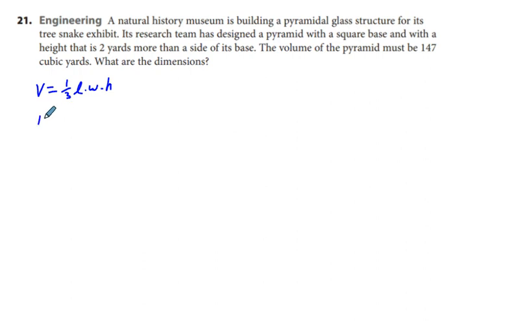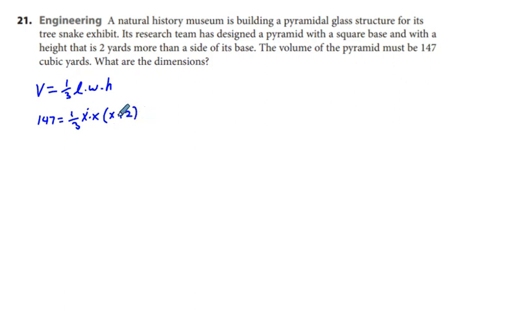So 147 is equal to 1/3, and a square base. So we could say our base is going to be just x times x, times the height is 2 more, so x plus 2.